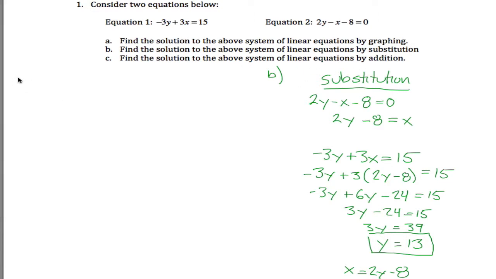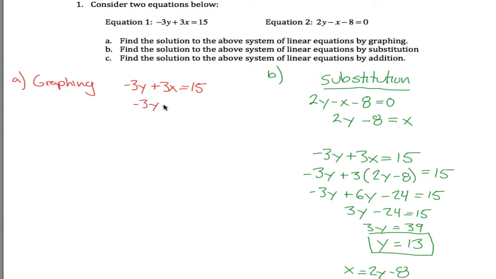Maybe I'll get graphing out of the way now. So by graphing, what I want to do is first take these two equations and put them into y equals mx plus b form. So I got negative 3y plus 3x equals 15. I want to solve this for y. Have I done that anywhere here? I don't think so. So I'll subtract 3x.